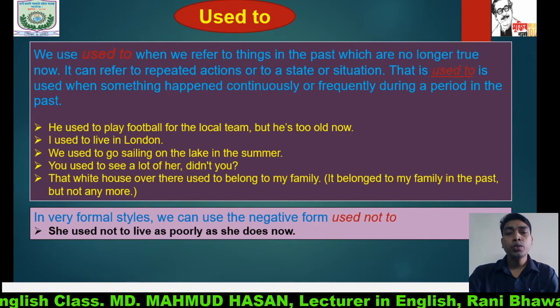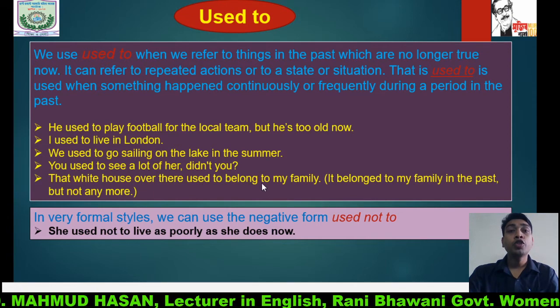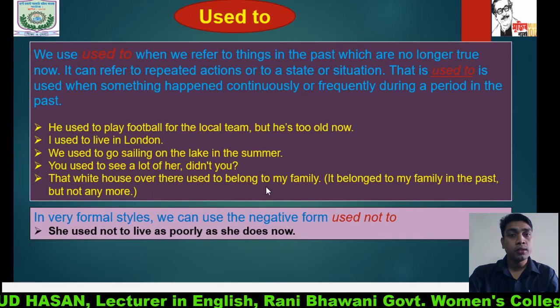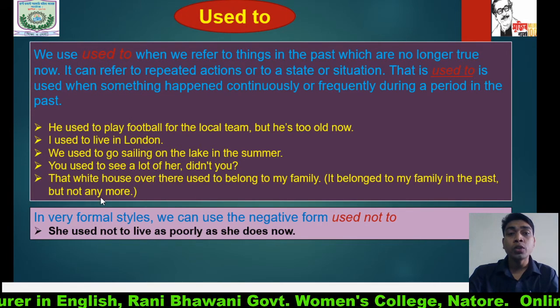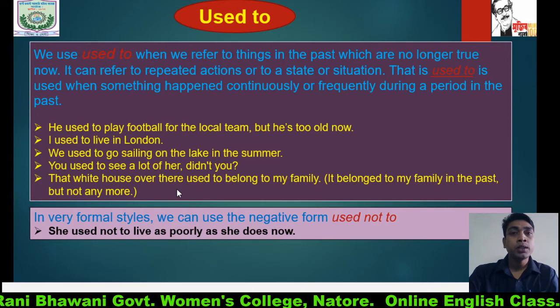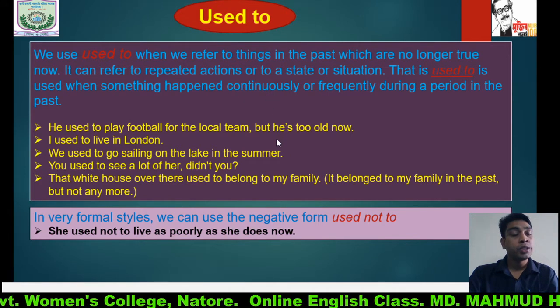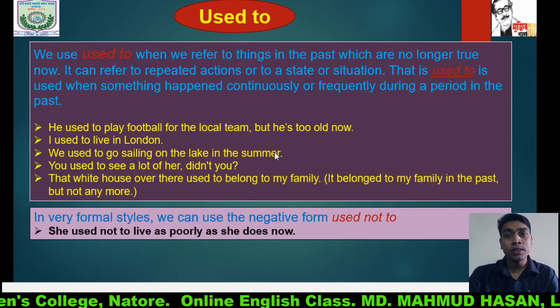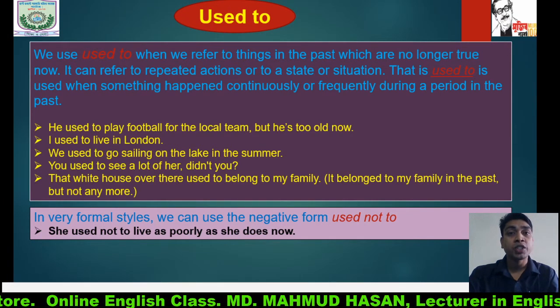That White House over there used to belong to my family. It belonged to my family in the past, but not anymore. So, my dear students, the phrase used to is used for the past and for the continuation or frequent action of a past event.